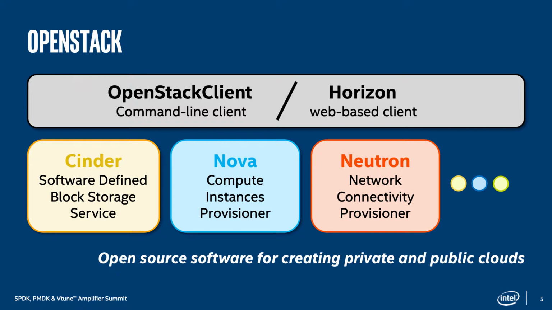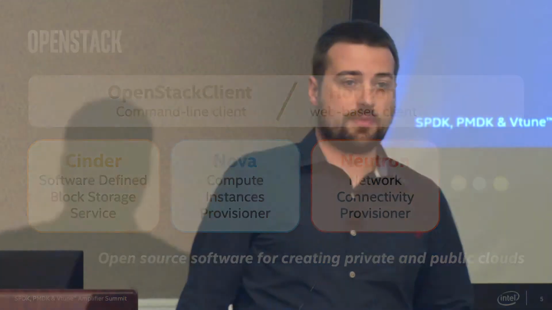The three most important services are Cinder, which is a block storage service, Nova, which is an instance provisioner, and Neutron, which is a connectivity provisioner.